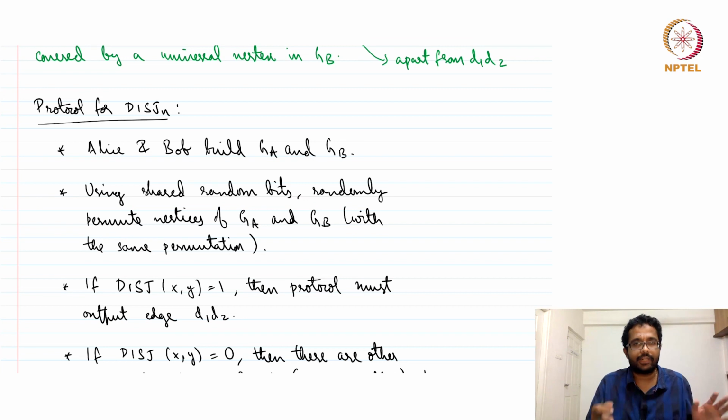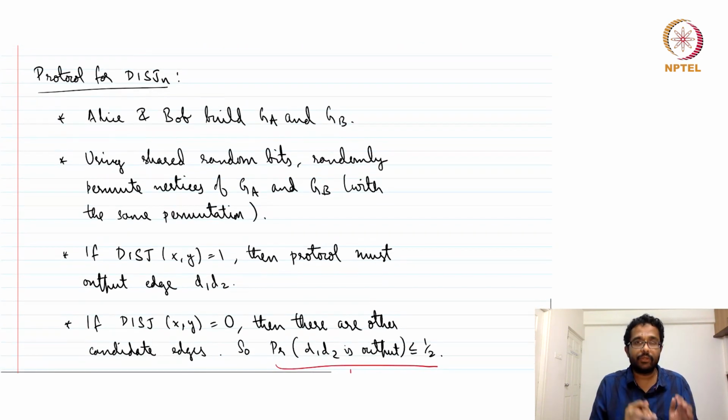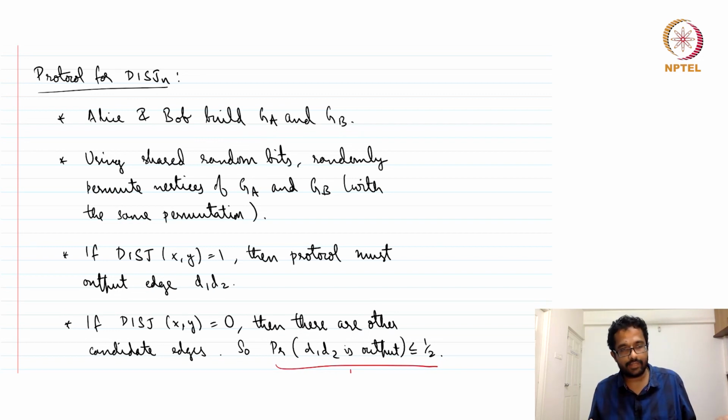Just think of it as relabeling. This is to make sure that the protocol does not have any bias towards looking at some set of edges versus some other set of edges. Both of them do the same permutation. So if Alice relabels A1 to X and B1 to Y, then Bob also makes the same relabeling.